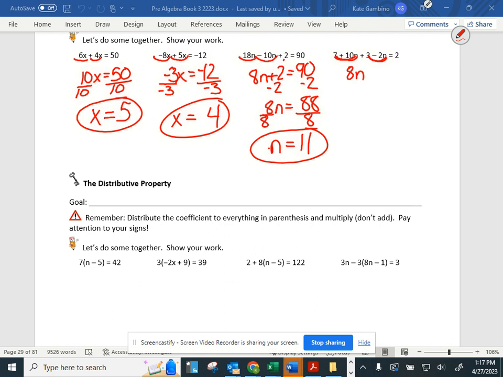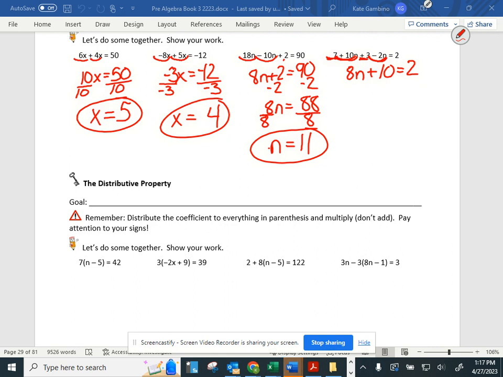What else can I combine? The 3 and the 7. Positive 7, positive 3. It gives me a what for my constant? Positive 10, and that equals 2.